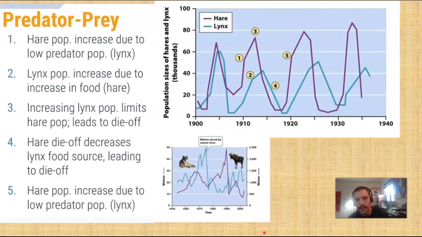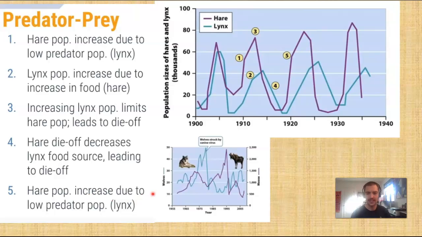And here's an example of predator-prey interactions with carrying capacities. Hare populations, or like rabbits, increase due to the low predator populations of the lynx, and the lynx populations increase due to the increase in food. So they go up and down together. Then the increasing lynx population limits the hare population and leads to die-off, and the hare die-off decreases the lynx food source, leading to the die-off of the lynx.